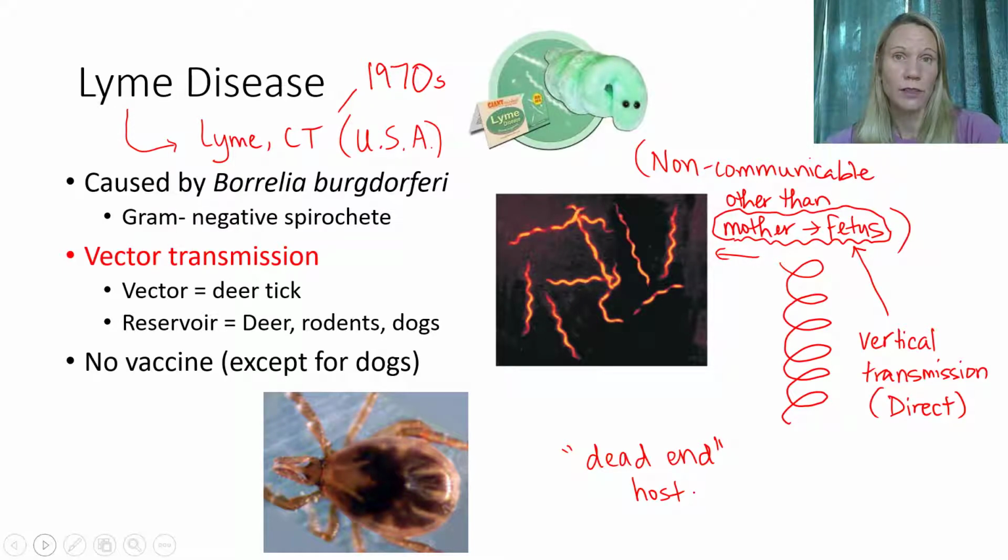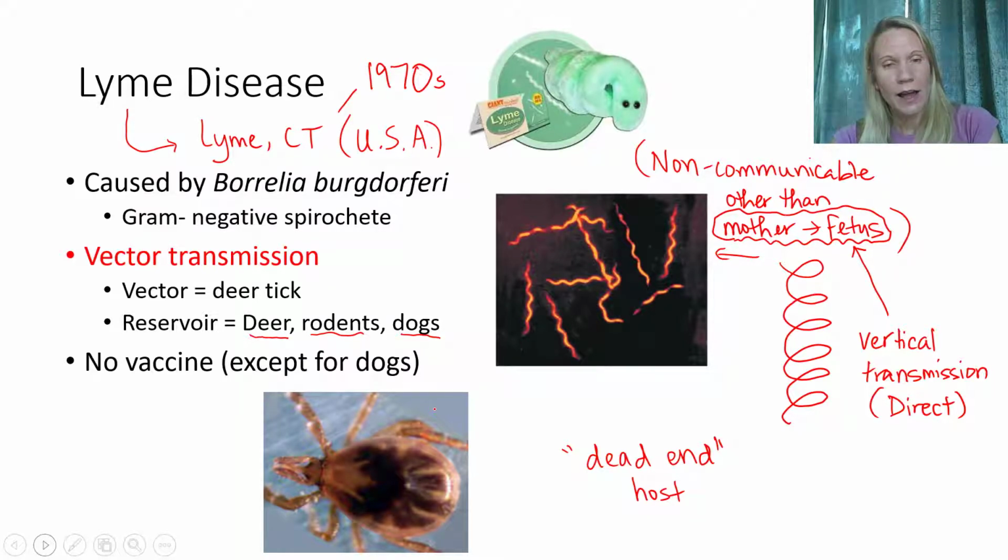Okay, so the normal life cycle, because it's a zoonotic disease, normally we have the reservoirs being the deer, although it can be in rodents and it can be in dogs. Okay, and likely some other animals as well, but those are sort of the major reservoirs. And so the deer are holding on to the bacteria, and they're infected, but they're not symptomatic.